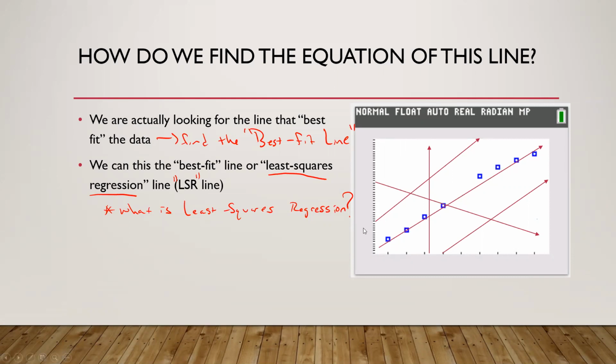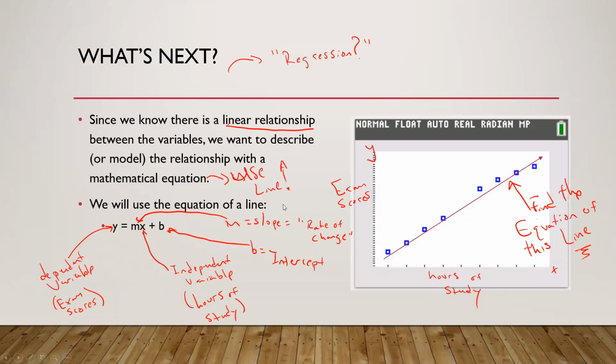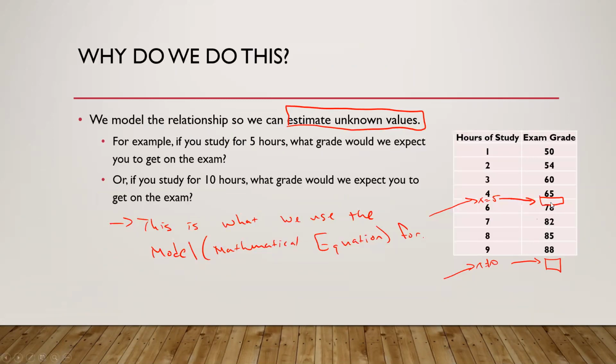Okay, so how do I find this least squares regression line? Notice how you can't draw a straight line through all the data, and the least squares regression line misses some of the data points. It doesn't perfectly go through them. Let's take this one right here. This is the X value 6. Somebody who studies for 6 hours gets a 78.